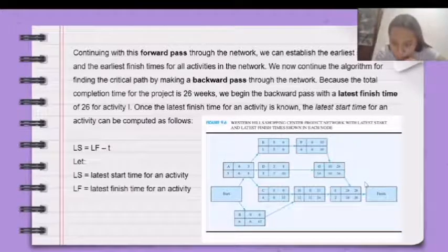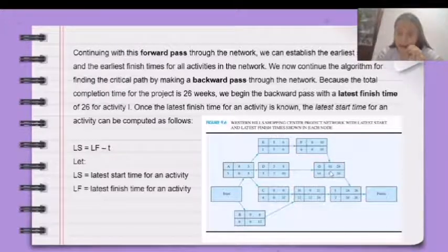So we will write it as the latest finish time for activity I minus the activity time of 2. We will get the latest start time of 24. And the latest start time of activity I will be the latest finish time for activity G minus activity time 14 equals a latest start time of 10 weeks.